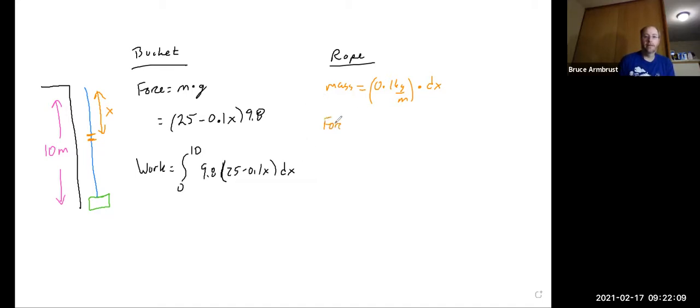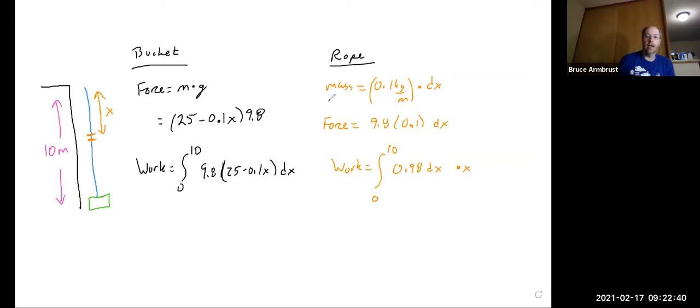So that makes its force 9.8 times 0.1 dx. Then the work is that force times displacement, so 0.98 dx times x, and we make that go from 0 to 10.